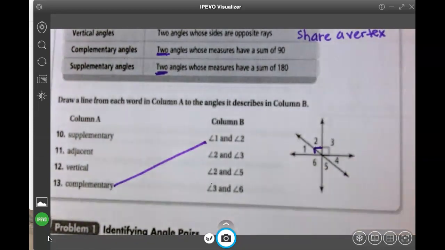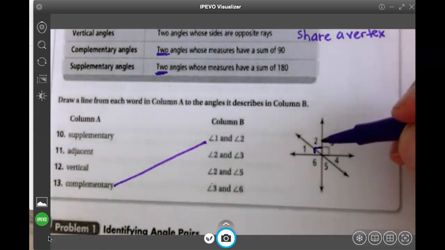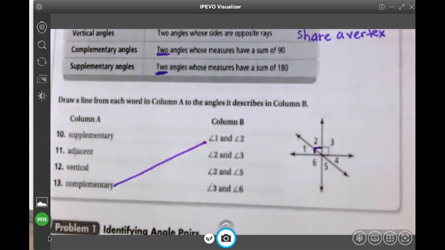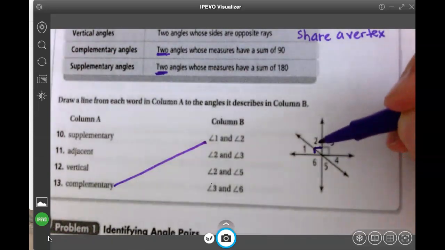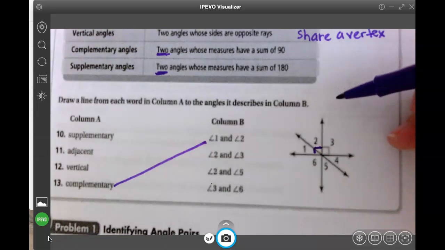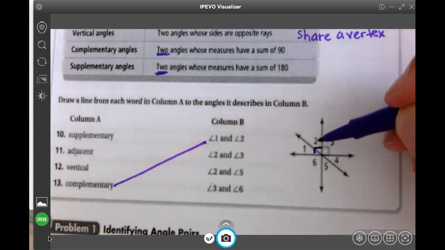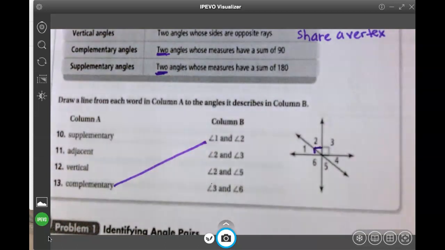Angle 2 and angle 3. Angle 2 and angle 3 are directly beside each other. Okay? You don't know what angle 2 measures, so you can't say that it's complementary or supplementary. But I do see that angle 2 and angle 3 are directly beside each other. Do you see that?